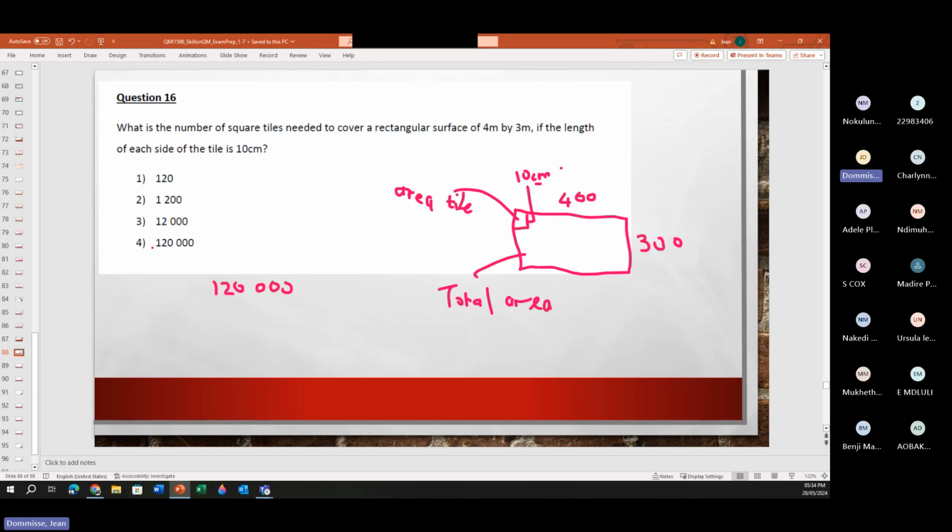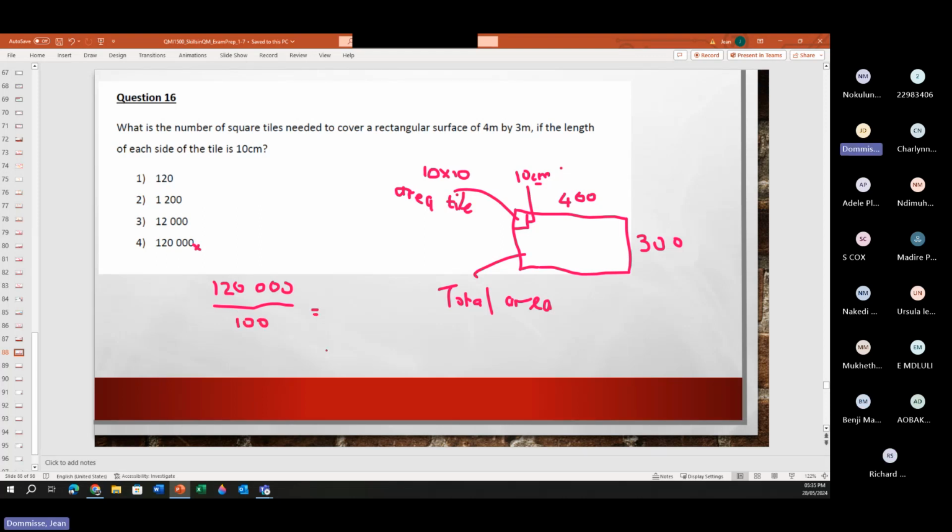And then we know a tile is 10 centimeters, so 10 by 10 gives us 100. If we divide 120,000 by 100, we will see how many tiles are needed. That gives us 1,200 tiles that we need for this area.